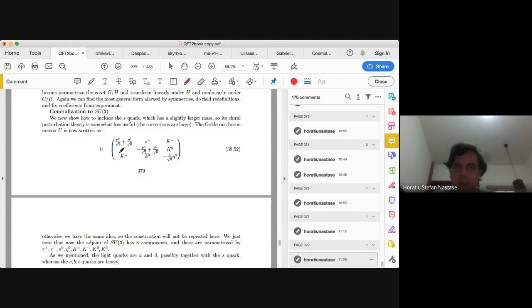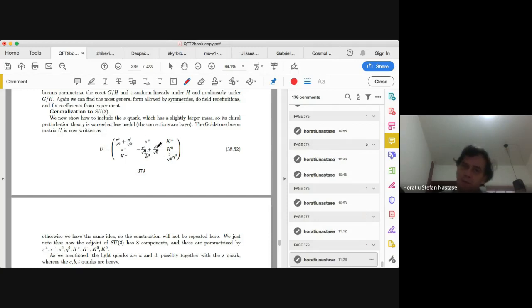But now I can embed this SU2 into an SU3 and write the SU3 matrix to include the other Goldstone bosons that are also Q bar Q type fields, but Q bar Q now means not only up and down, but also strange.